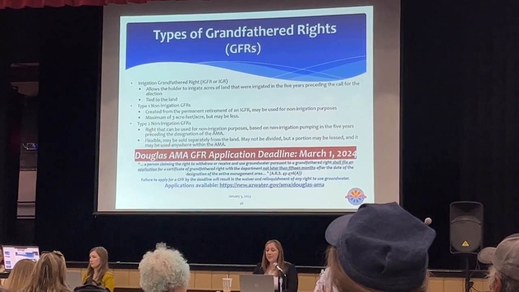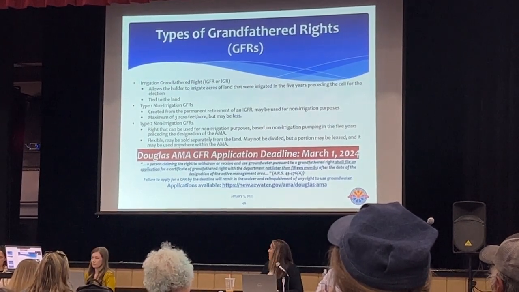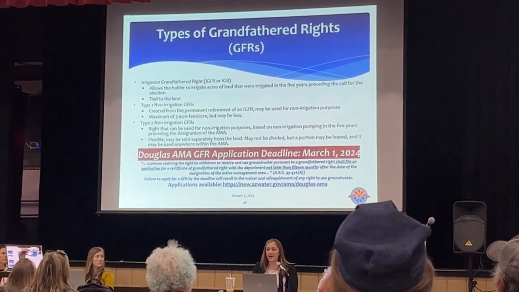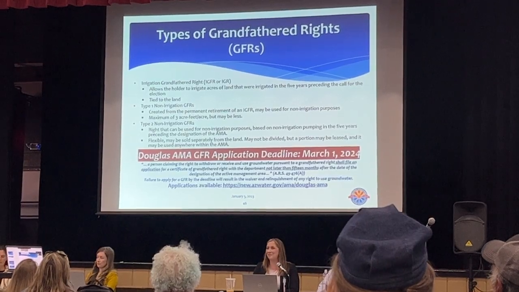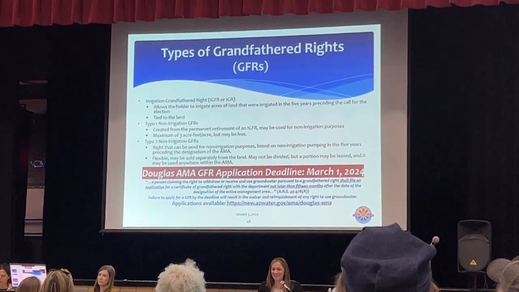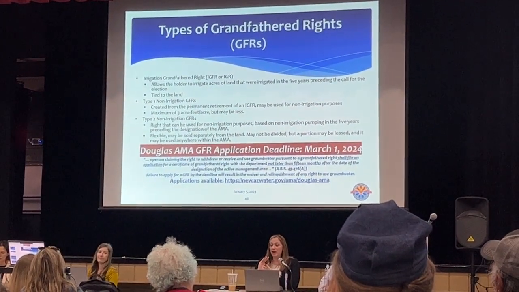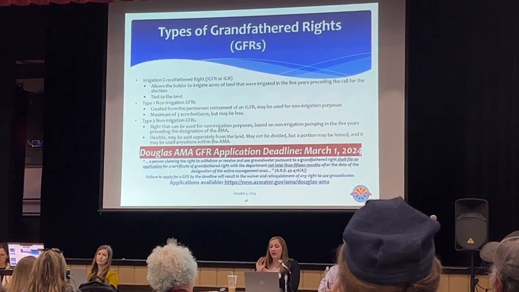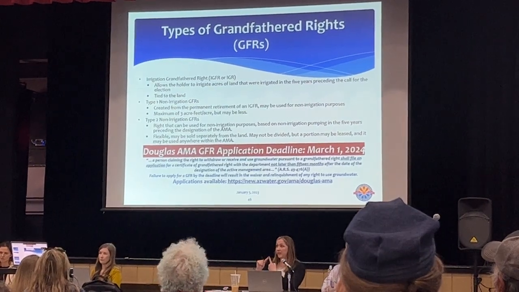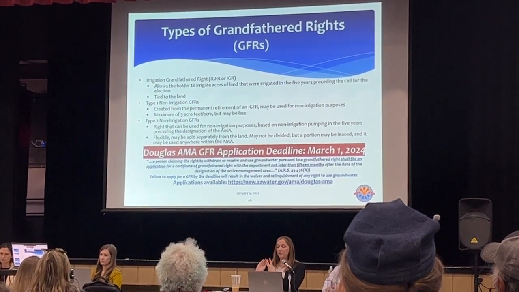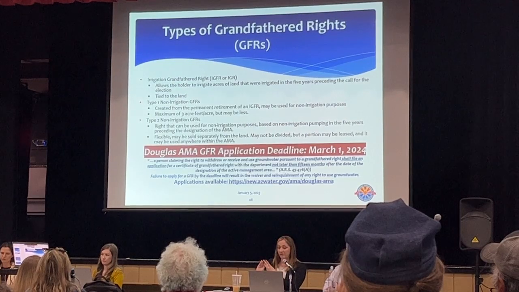So we have 3 major types of grandfathered rights, and I know this is a little bit hard to see, but again, we really wanted to emphasize that deadline because that's important. So your major types of grandfathered rights are irrigation rights, and then we have 2 different types of non-irrigation rights.